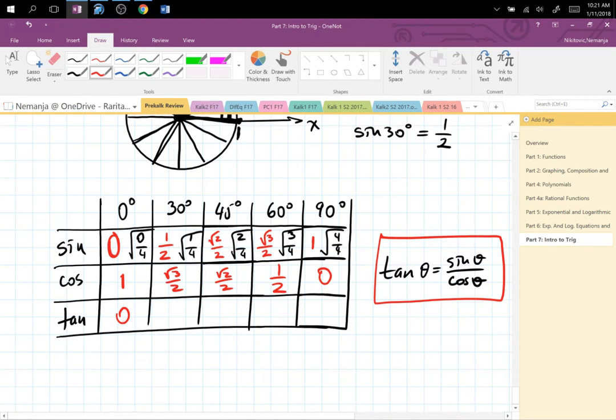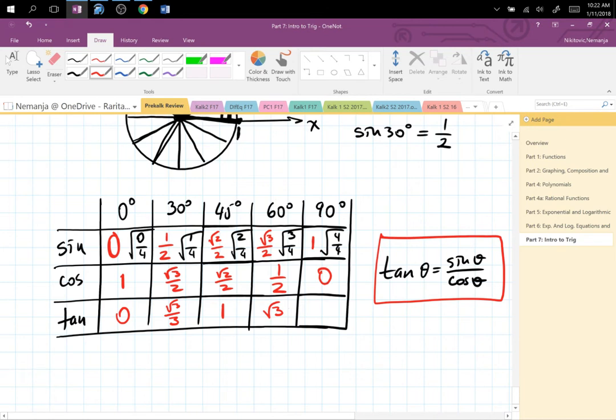Divide 1/2 by root 3 over 2 and you get root 3 divided by 3. Root 2 over 2 divided by root 2 over 2 is 1, because you are dividing same numbers. I don't care how much root 2 over 2 is. I'm dividing it by itself, so it has to be 1. Root 3 over 2 divided by 1/2 is just root 3, because the 2's will cancel.